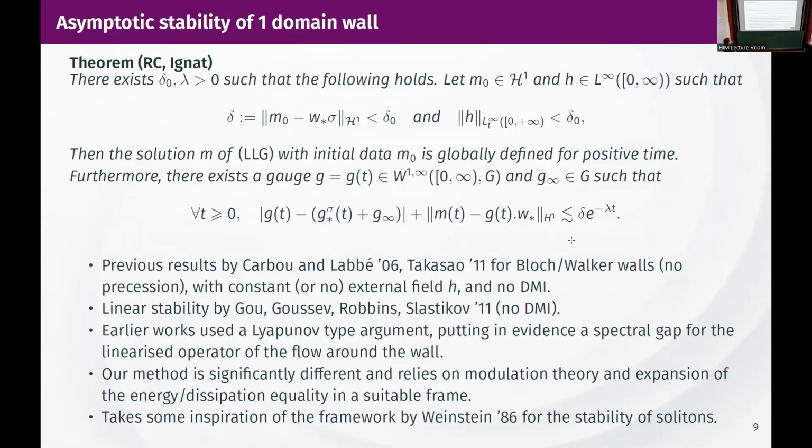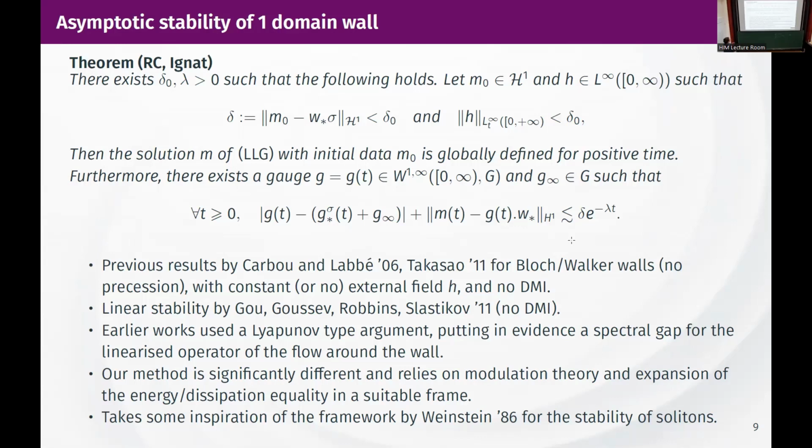So there are other stability or asymptotic stability results for walls, but in a slightly different setting. Probably the first one is by Carbou and Labbé, and then you have a few others by the students, Radu, and also another one by Takasao. But they are for different domain walls, which are not precessing.